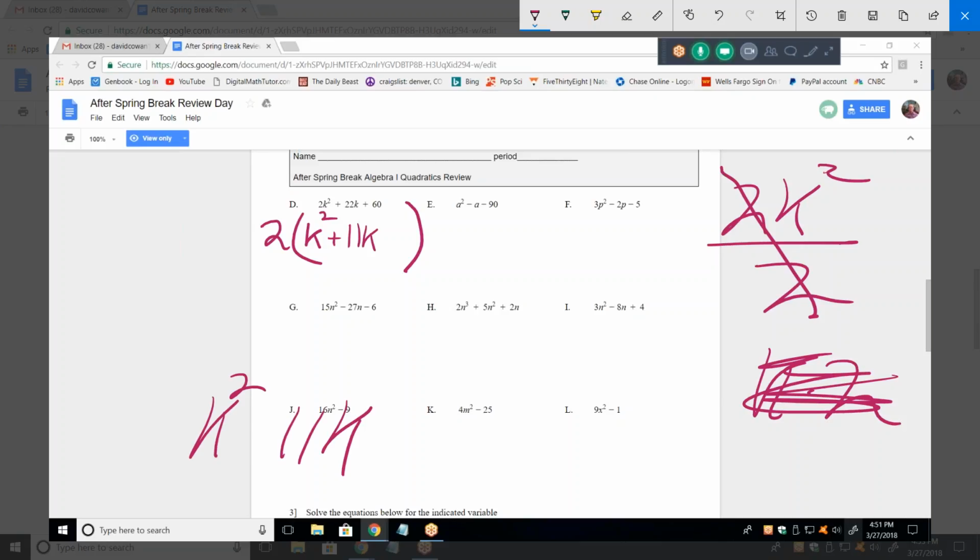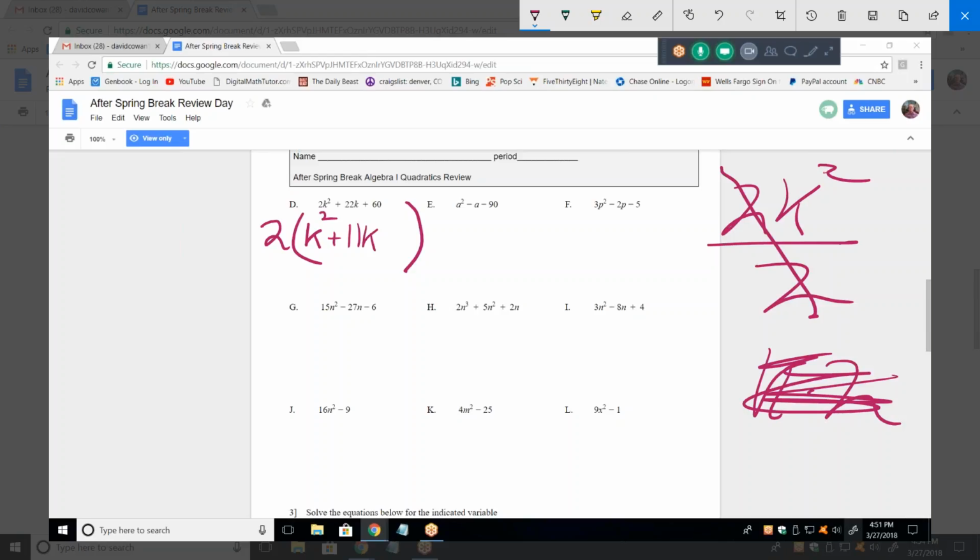The only time you can ignore a plus sign is when it's at the beginning. I did not need a plus sign in front of the k squared, but I do need a plus sign in front of the middle term. I've got to know what to do with that middle term. Am I adding it? Am I subtracting it? Okay, now divide 60 by 2.